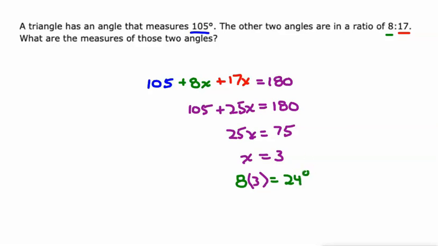And our other angle is 17 times 3, which is 51 degrees. So our three angles are 105, which was given to us, 24 degrees, and 51 degrees.